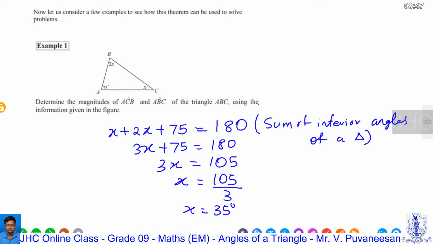ஓ, note பண்ணுங்க. ஓகே, இப்போ இதில் உங்களை கேட்டது என்ன?